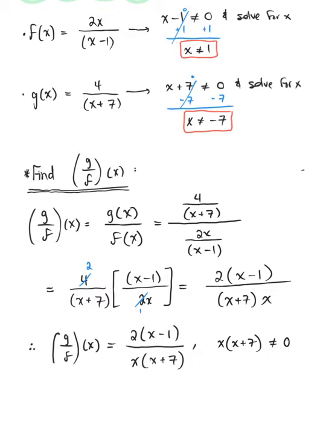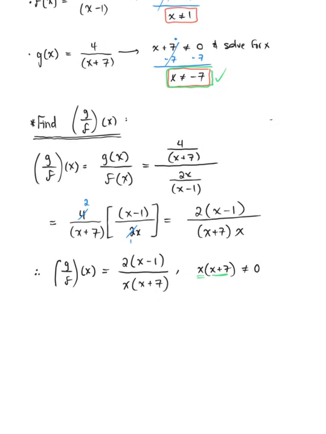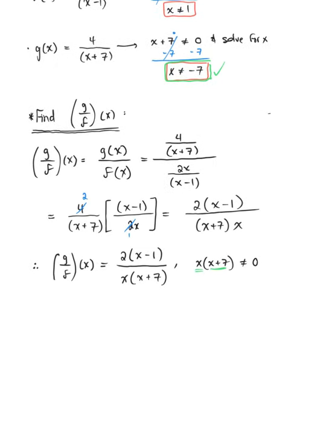So this means that x times x plus 7 cannot be equal to 0. Now, we already know when x plus 7 is not equal to 0 that we'll see x cannot be equal to negative 7. We're already excluding that value. But notice that we have this extra value here. So we need to think about that factor of x as well. We want to make sure we can see both of our exclusions. x times x plus 7 cannot be equal to 0.